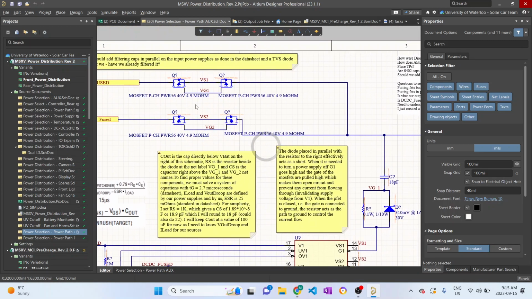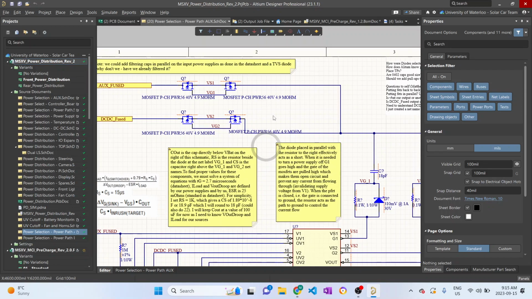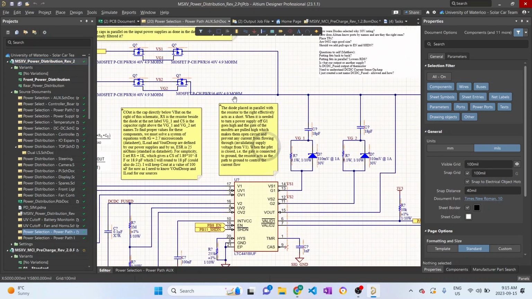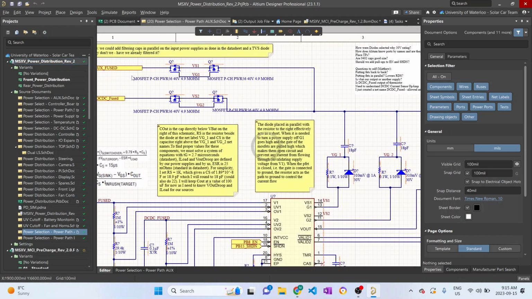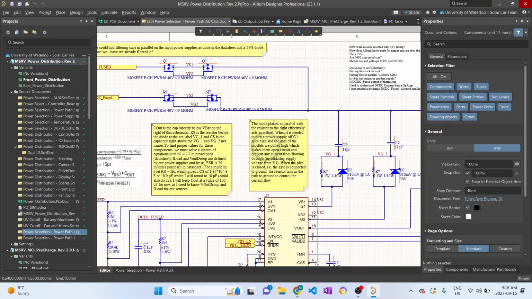Now it does this using two back-to-back PFETs, and the way it works is when, let's say, V1 is valid, the gate discharges current through G1, and the resistor basically limits this current going to G1, so we can turn the PFET on slowly, and we can prevent voltage fluctuations and current inrush. And the opposite is true as well.